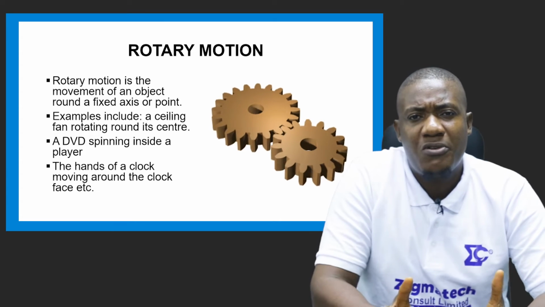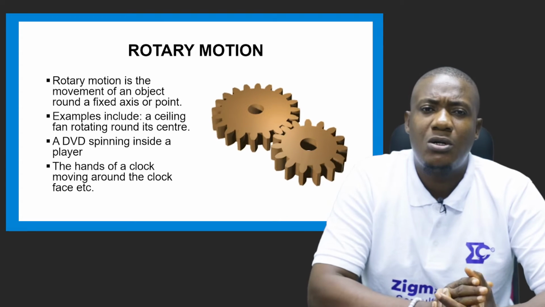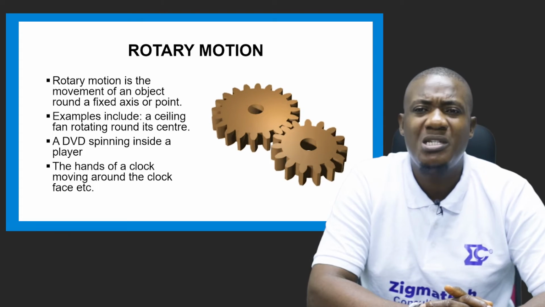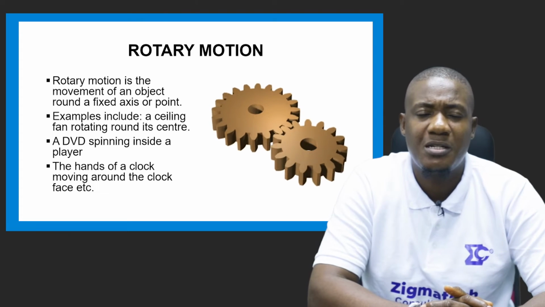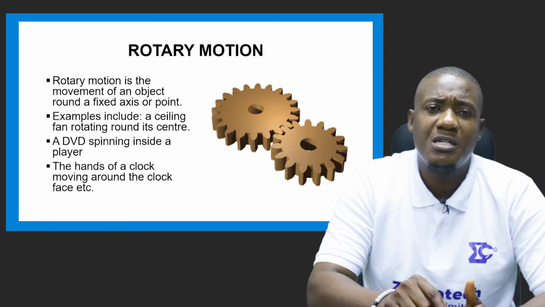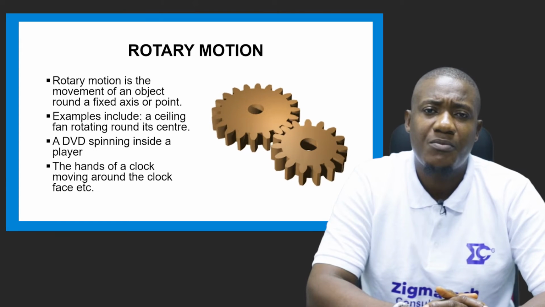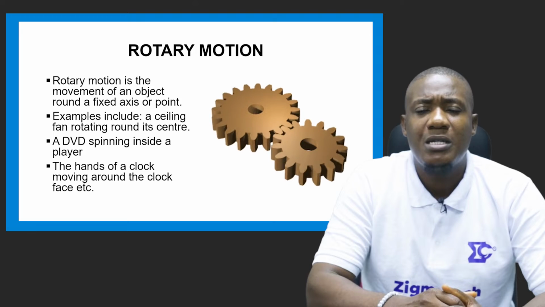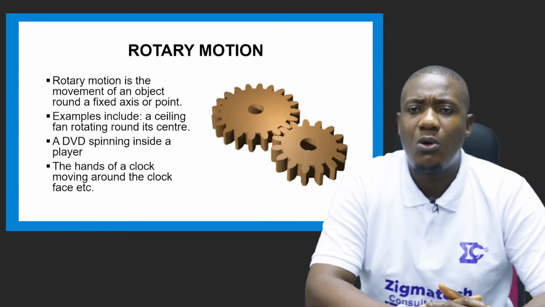Examples of bodies that undergo rotary motion: the DVD or compact disc spinning in the player is a typical example of rotary motion.